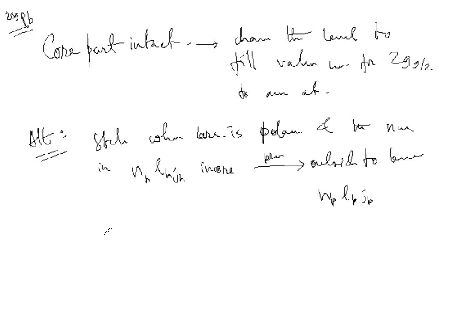Now we already have the original valency neutron in the level NLJ state. So what will happen? There will be coupling between the two of them.